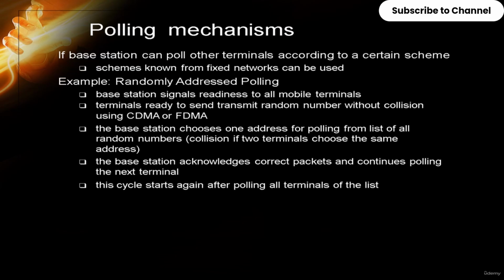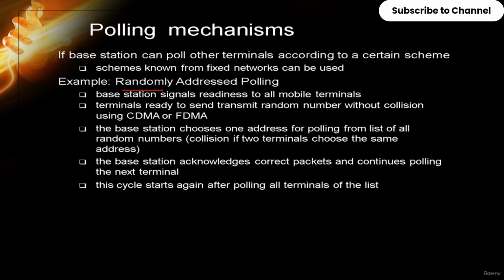One more strategy used in MACA is the polling mechanism. The polling mechanism is achieved with the help of random addressing polling. If a base station wants to poll channels for sending and receiving data, the first thing that can be done is random addressing polling.